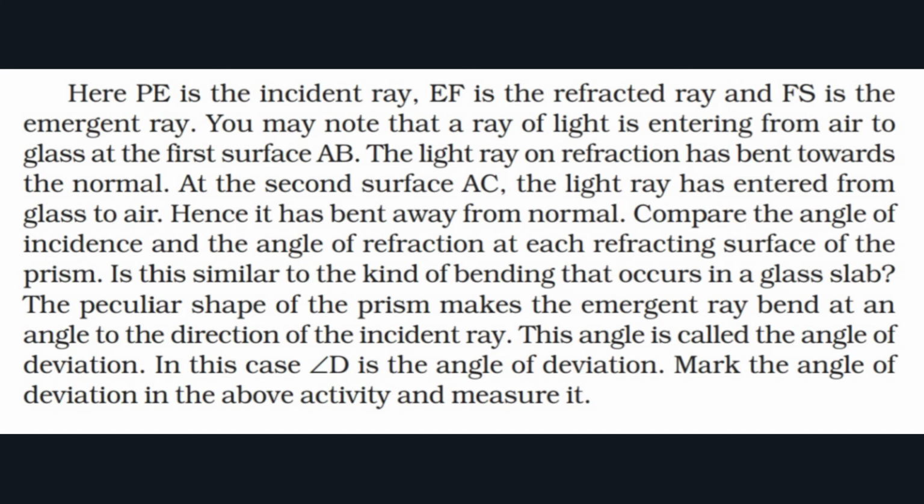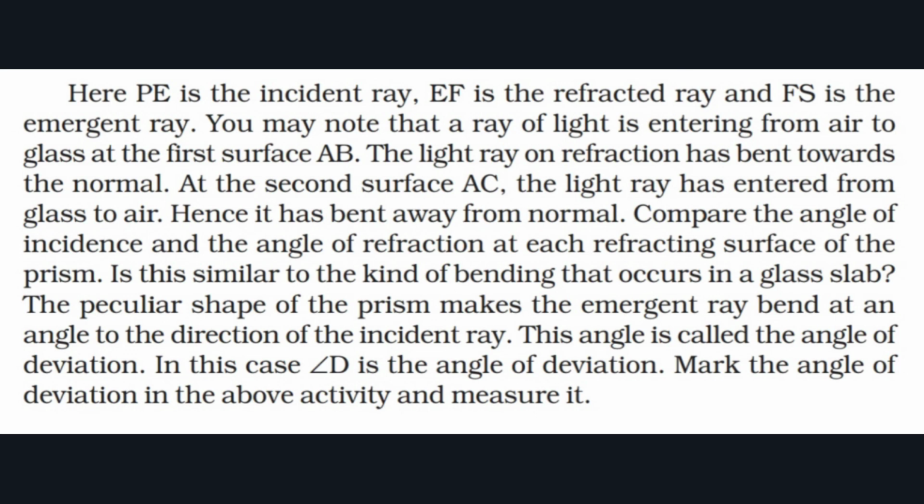Compare the angle of incidence and the angle of refraction at each refracting surface of the prism. We have to compare these two angles, the angle of incidence and the angle of refraction. The bending at each refracting surface of the prism is similar to the bending that occurs in a glass slab. Therefore, the peculiar shape of the prism makes the emergent ray bend at an angle to the direction of the incident ray.